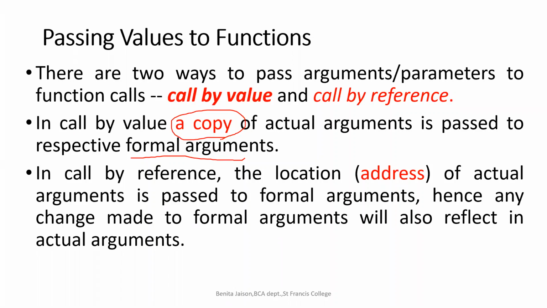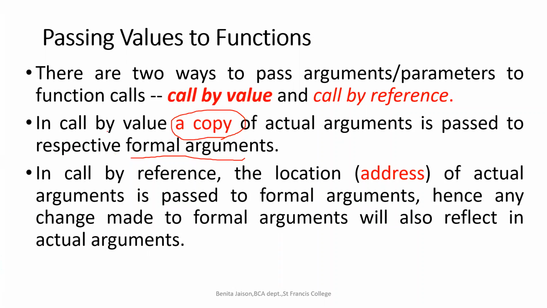You know that formal arguments come along with the function header, which you might have seen in the function declaration. So the copy of the actual arguments is passed and it will be stored in a different address location.